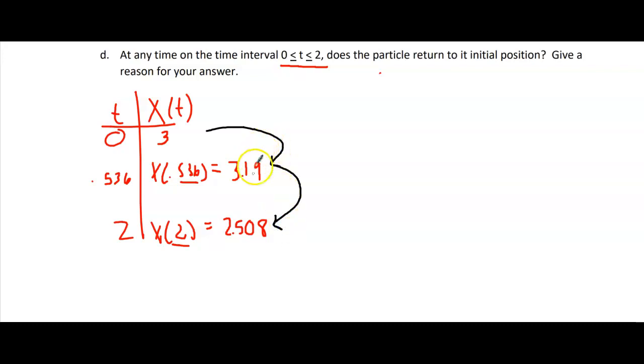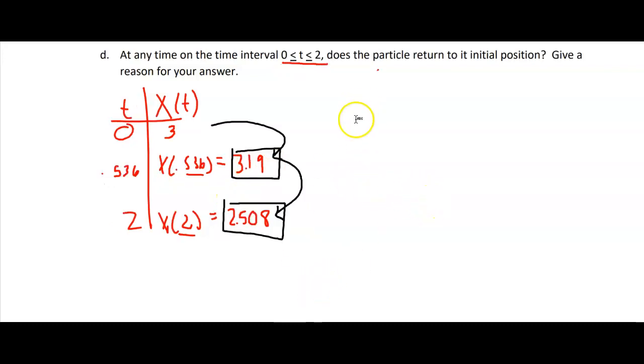Okay, so now if I'm going from 3.19 to 2.508, then yes, I would have to reach a place where x equals 3 again, because that's the intermediate value theorem. So this problem is kind of like a combination of doing something similar to a candidates test, that's actually pretty much identical, but in conjunction with an IVT.